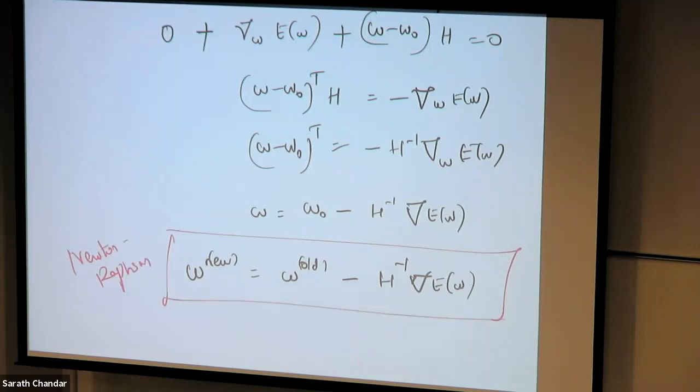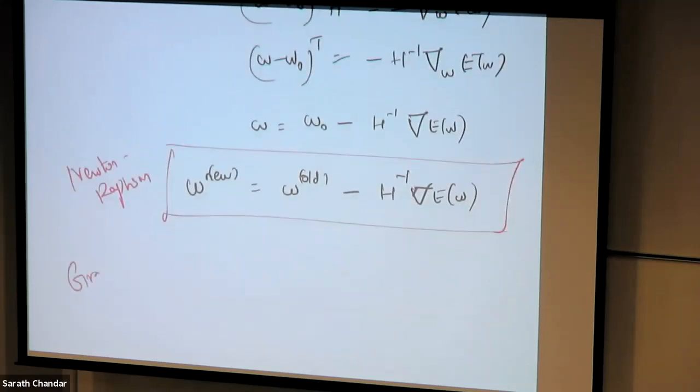Now to compare this with plain old gradient descent, can someone tell me what would be the update equation for gradient descent? So W new is equal to W old minus alpha times gradient. So this is gradient descent.